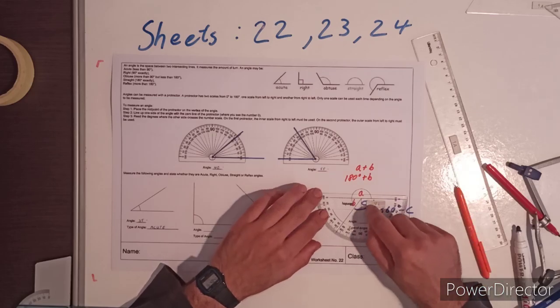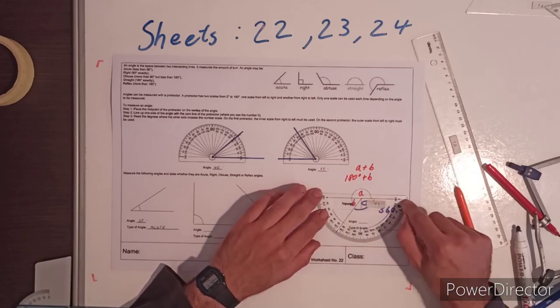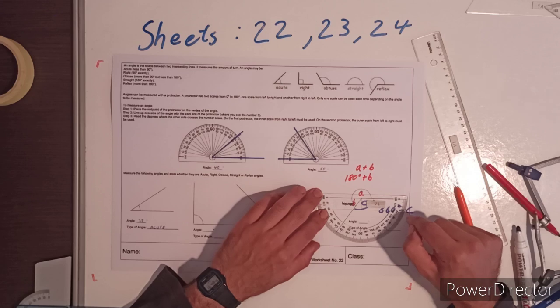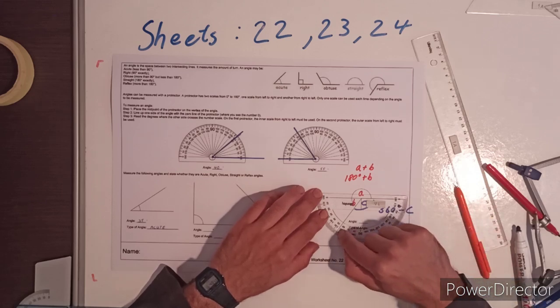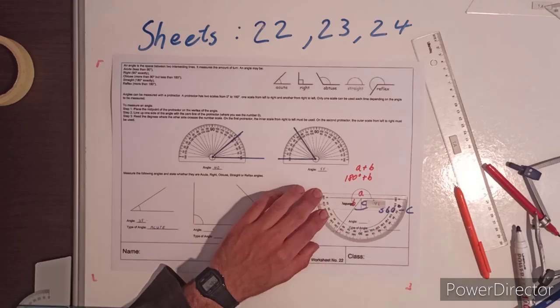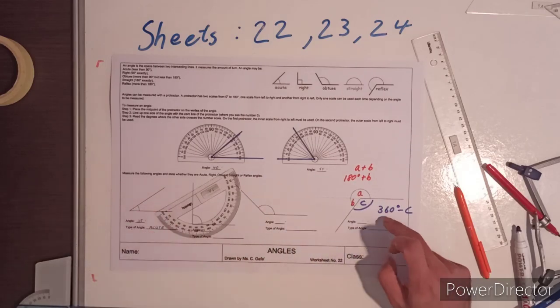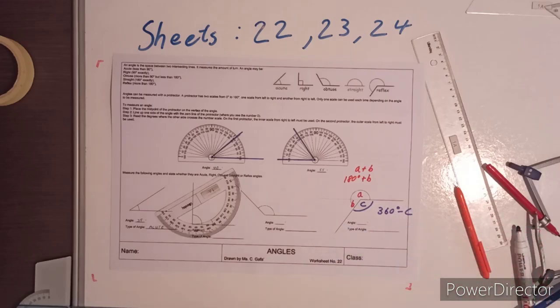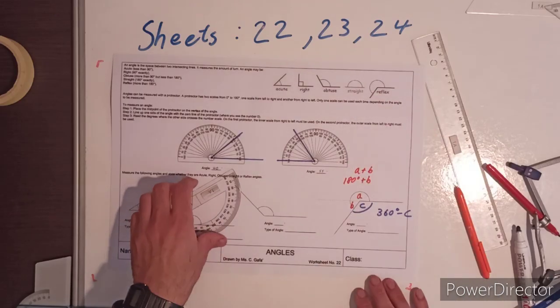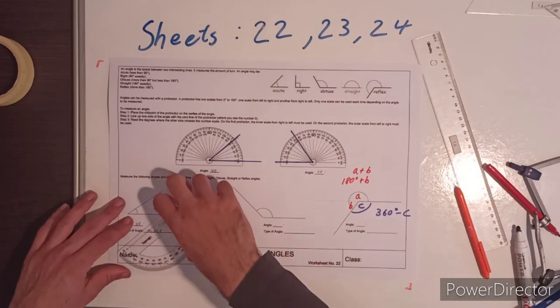Now we're going to measure this angle, and the 0 on the outside hits the line. So we're going to start from 0, we're going to move on the outside scale, and we're going to see that it's 125 degrees. So if we take 360 minus 125 degrees, that's going to give me my answer. We write the answer here, and then we write the type of angle, which I already said is a reflex angle.